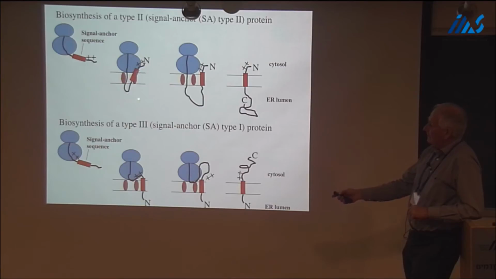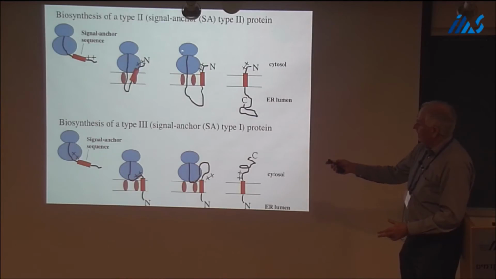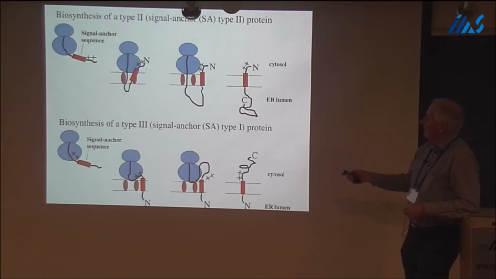So what happens is that the polypeptide chain again inserts as a loop with the positive charges retaining the N-terminus on the cytoplasmic side. But in this case, the hydrophobic segment is hydrophobic enough to leave the channel all the way into the lipid phase, like as shown here. And so then all you do is complete the polypeptide chain so that the C-terminus ends up on the luminal side. And so you get this orientation here with the N-terminus in the cytosol and the C-terminus on the luminal side. That's type 2.